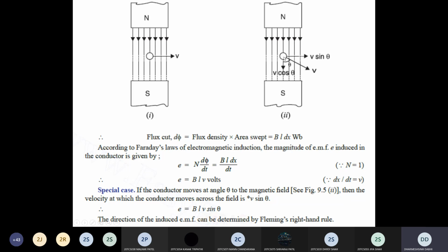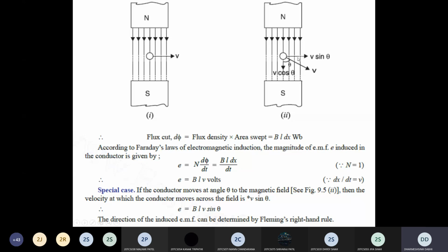It means it is moving with velocity v at angle theta to the flux. So the velocity component in the direction of flux is v cos theta. In the perpendicular direction, the velocity component is v sin theta.